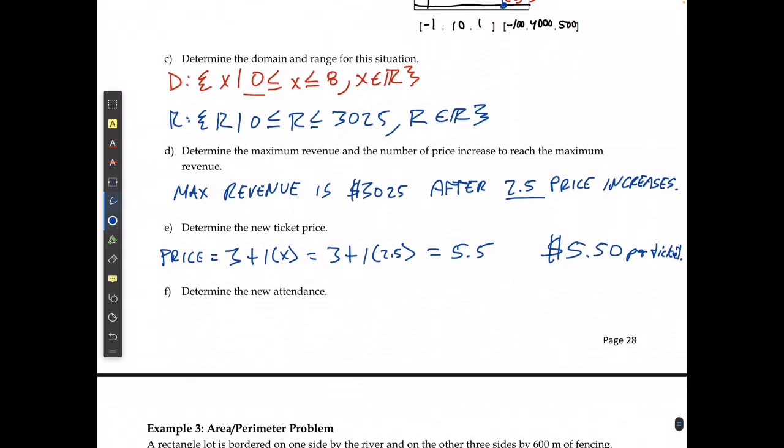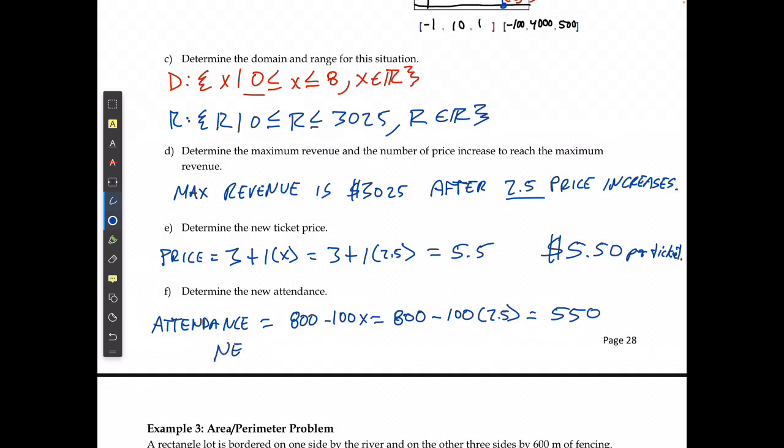It's going to be attendance is equal to 800 minus 100x, or 800 minus 100 times 2.5, which is going to give me 550. New attendance is 550 people.